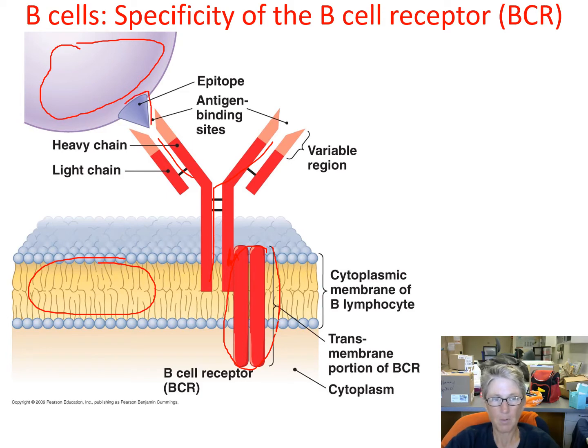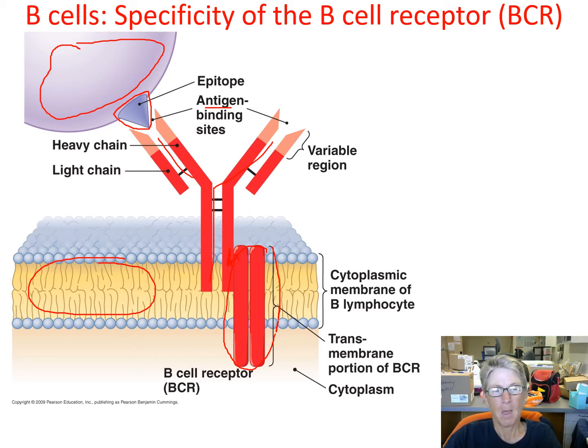So here's the epitope that the B cell receptor will bind, but the part of the B cell receptor that the epitope will bind, they call it the antigen binding site. So it could also be called the epitope binding site. I usually just try to say antigen epitope, like it's one word, even though we've pointed out that they're distinct shapes.